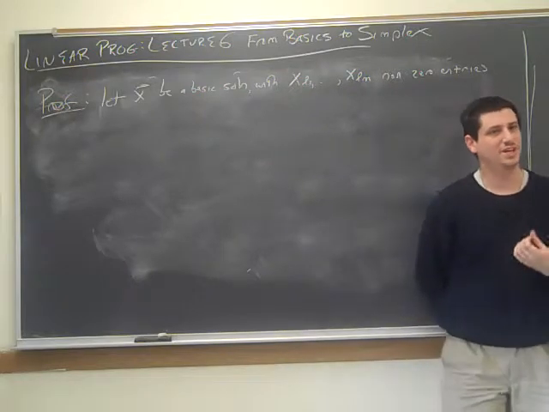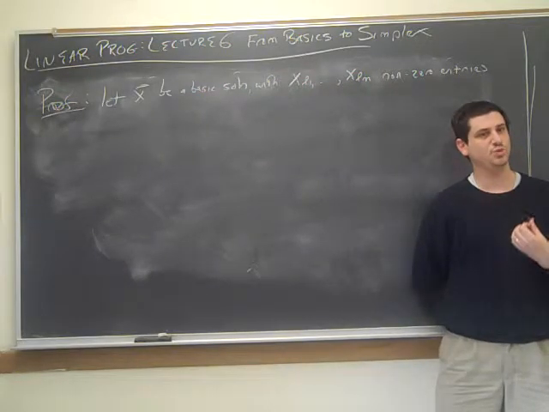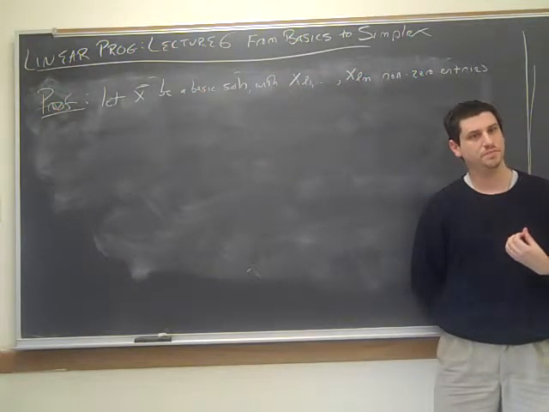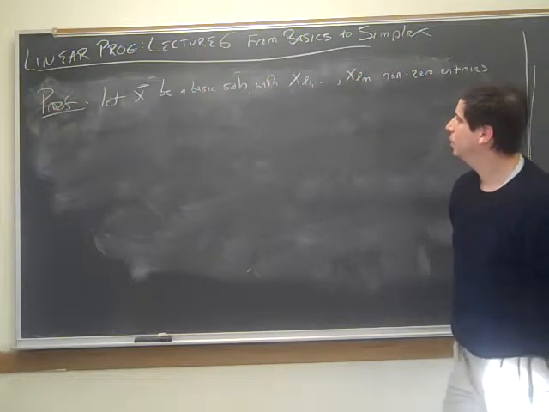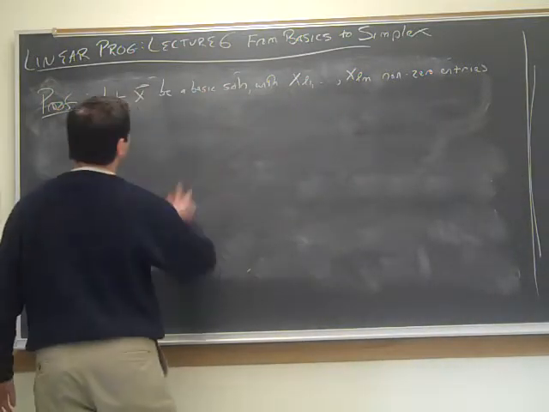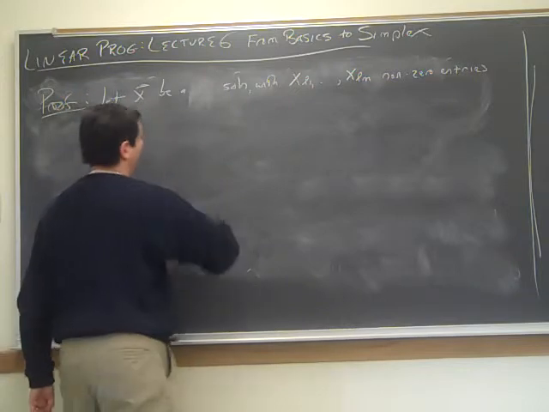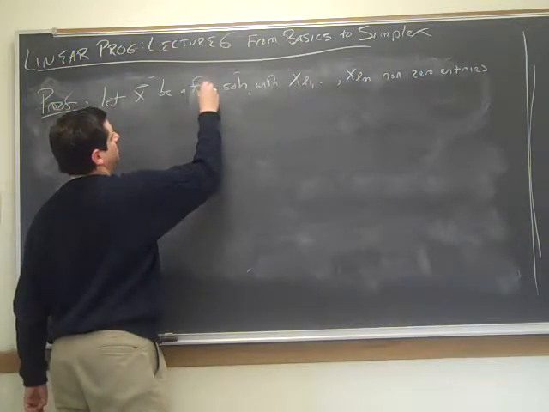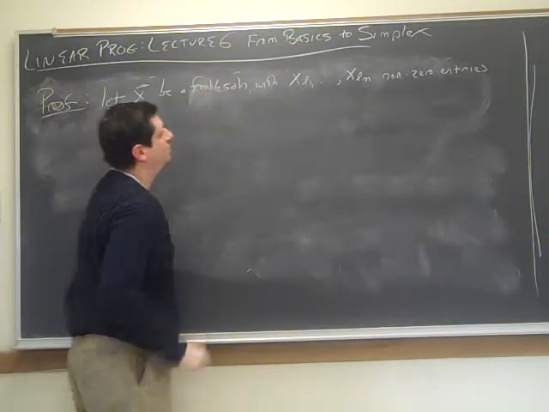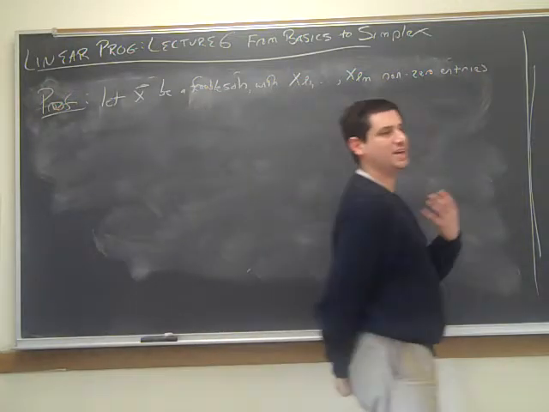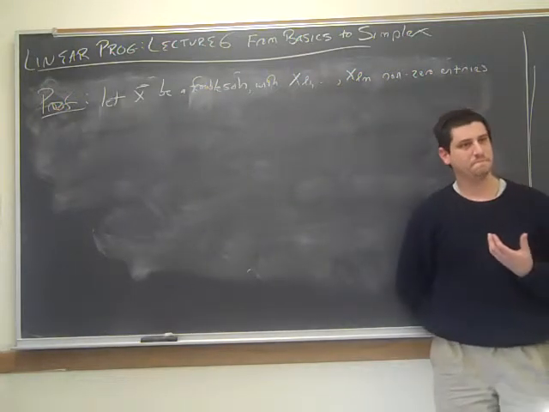No, that's the third one. Given a feasible solution, we're trying to prove there's a... You wrote a basic solution. Oh, I'm sorry. No wonder you haven't told. Let X be a feasible solution. Sorry. So let X be a feasible solution.